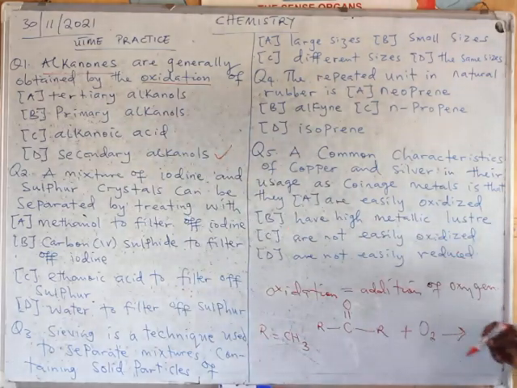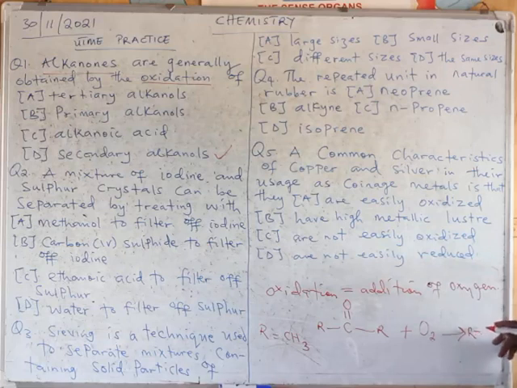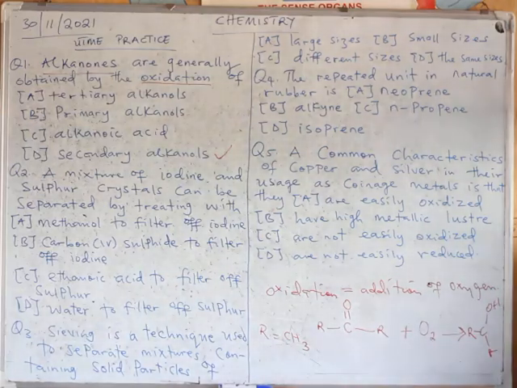This is what you are going to have: R, then you have C, OH will be here. And then you have another R. Okay? So this is your secondary alkanol. Are we together, class? Yes.